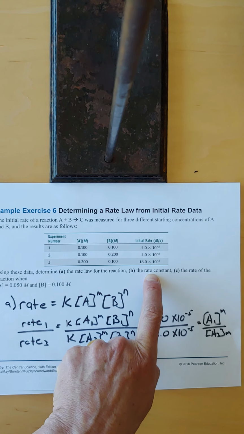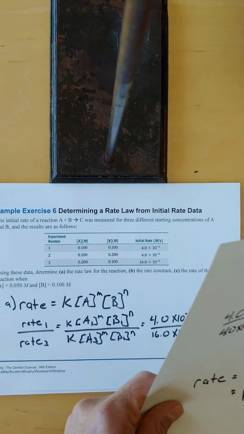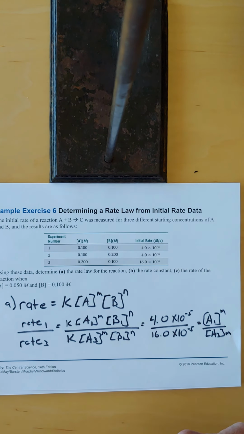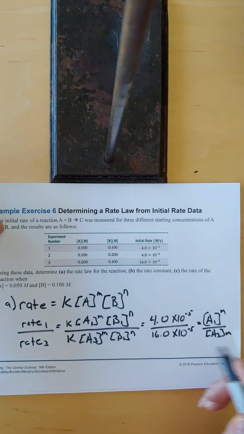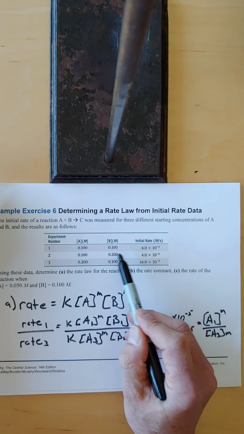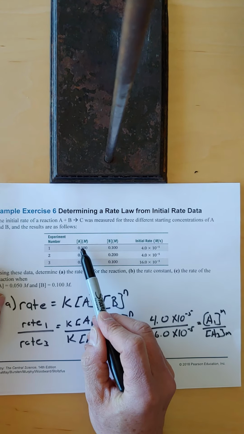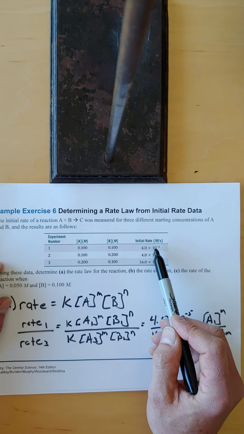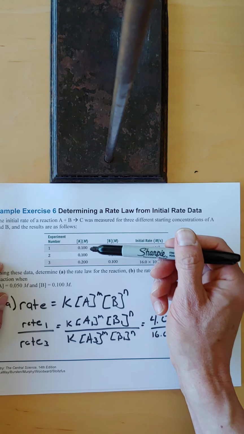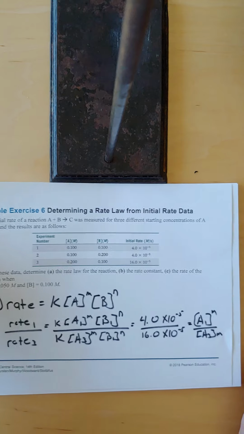Part B of that asks for the rate constant. What's the value of the rate constant? Well, in order to determine it, we've got some data for this experiment. We know the concentration of A, we know the rate, we know what the exponent on A is.